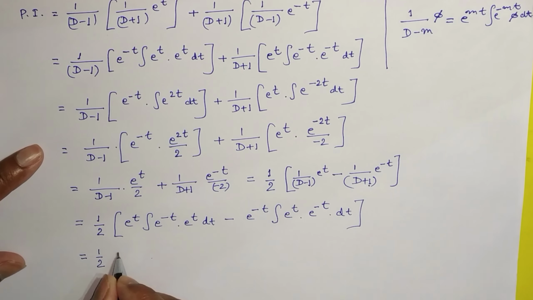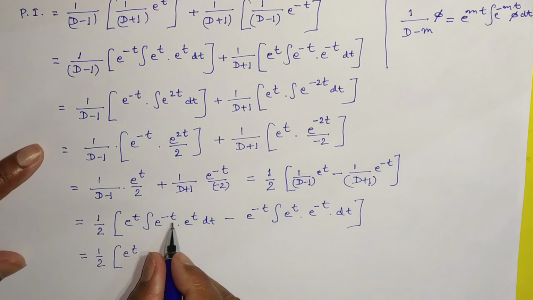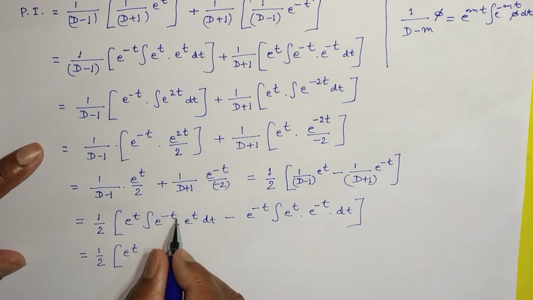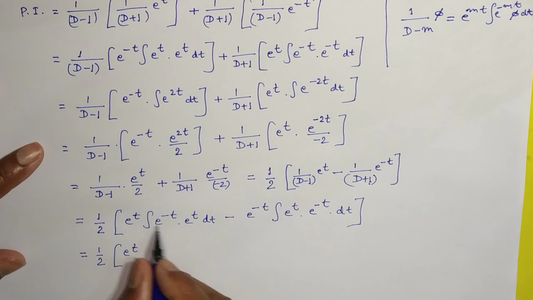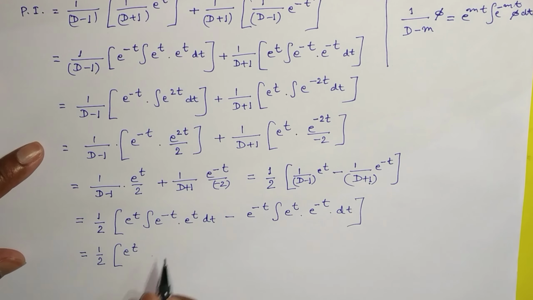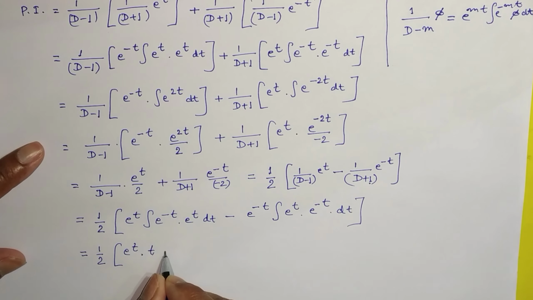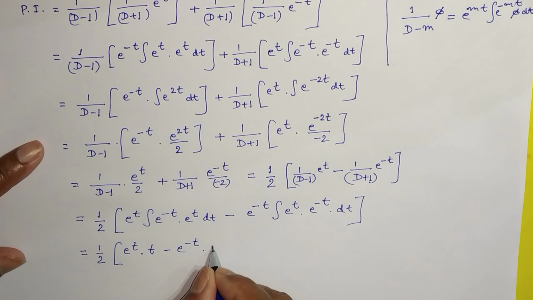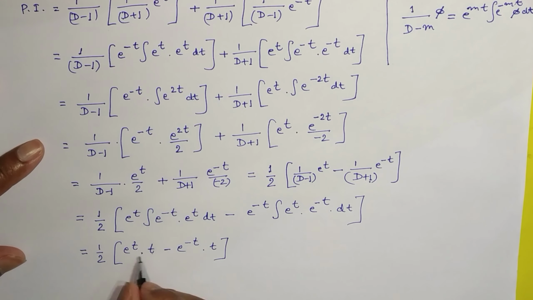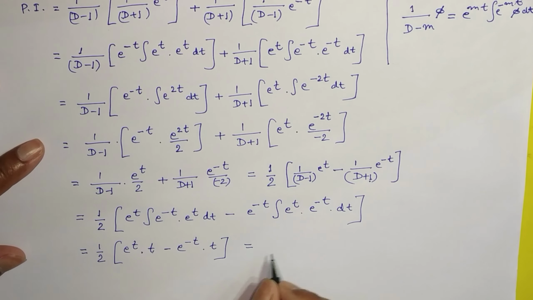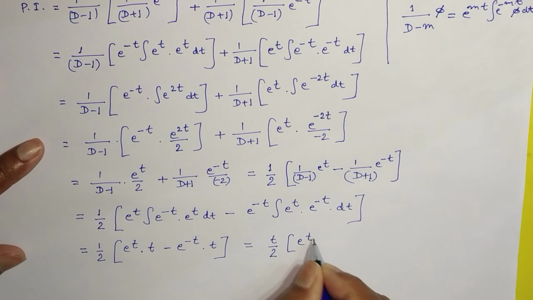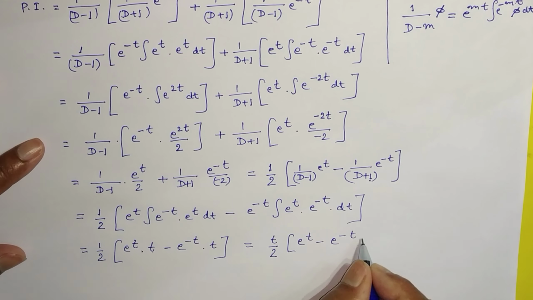This is half e raised to t, and this is what? This is e raised to minus t plus t, that is e raised to 0, it means 1. Integral 1 dt, it is t, so it is t minus e raised to minus t, and here again it is t. Take common t from both terms, we get t upon 2 times e raised to t minus e raised to minus t.